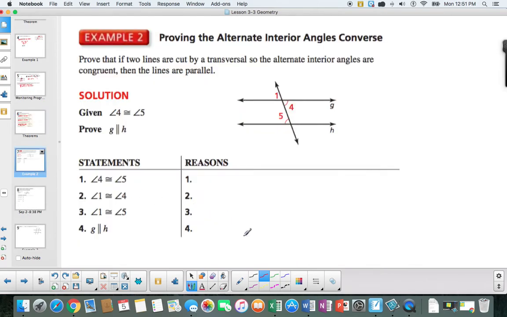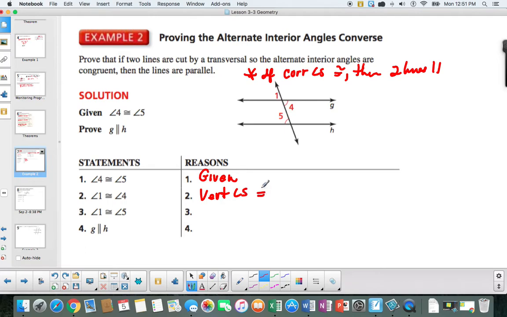All right, let's go ahead and prove one of them. Remember, the only one that we have so far that we can use, let me put an asterisk: if corresponding angles are congruent, then the two lines are parallel. So this is given: angles 4 and 5 are congruent. Now I know that 1 and 4 are congruent because vertical angles are congruent.